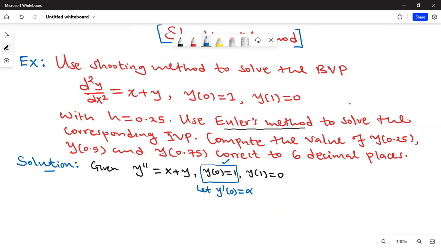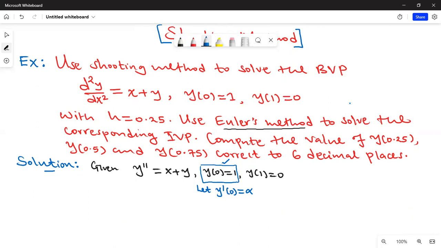When we talk of initial conditions, the conditions are defined at just one x value. You can decide to define them at x is equal to 0. So we need two initial conditions for the dependent variable y, because our ODE is second order.